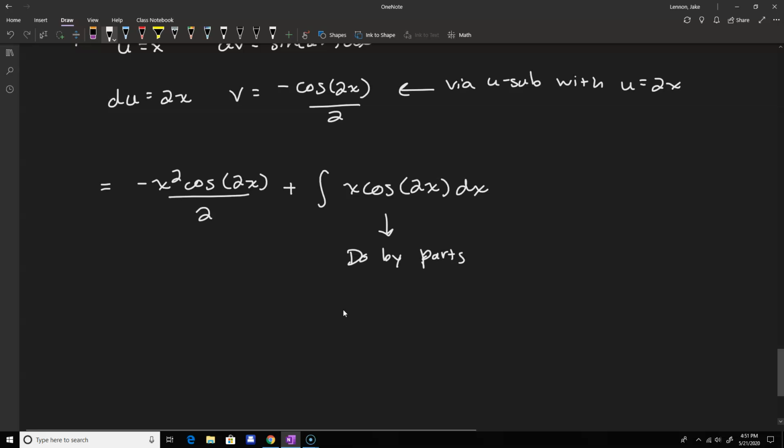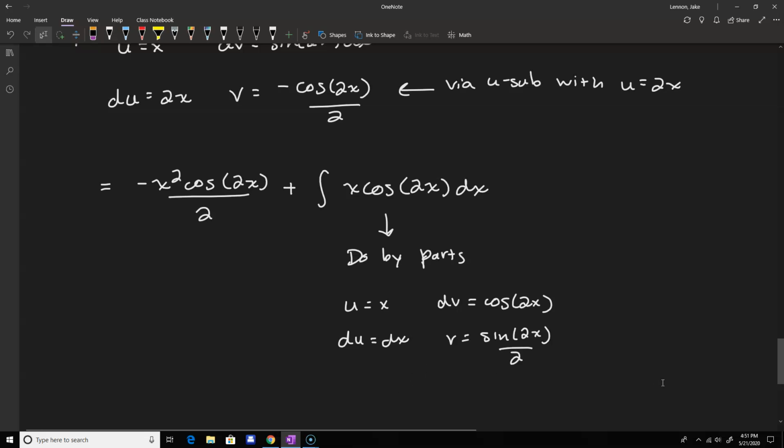So what are the parts there? We have u equals x, and dv equals the cosine of 2x. So du here is actually just equal to dx, and v is going to be equal to the sine of 2x over 2. So that's how we get the parts involved.